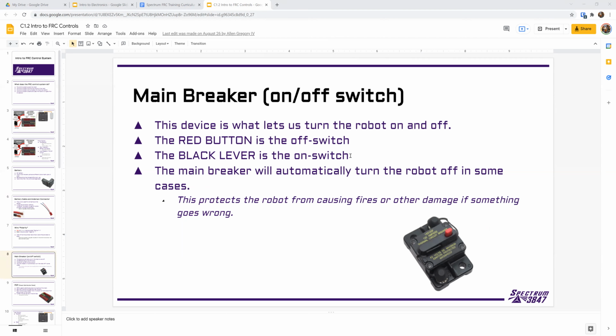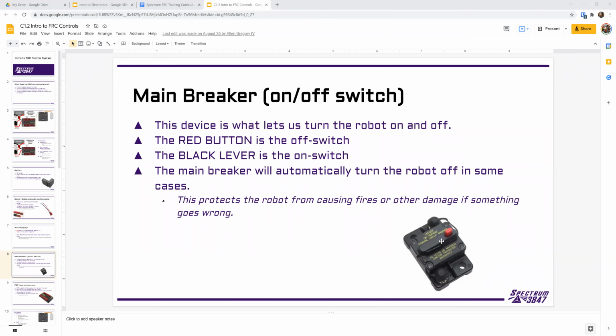Okay. So there are times that the main breaker will automatically turn off the robot. If the robot is drawing too much current, then the main breaker, basically there's an element inside that if it gets too hot, it causes the breaker to turn off.